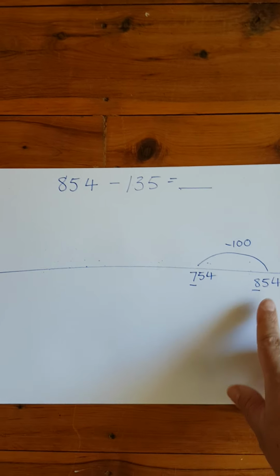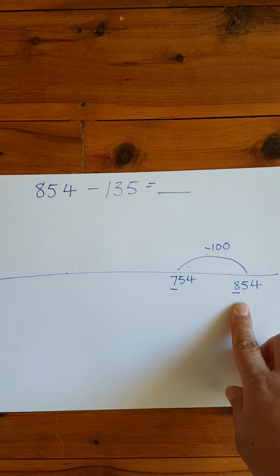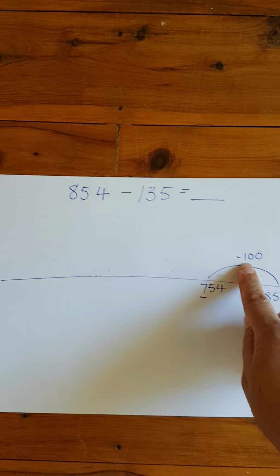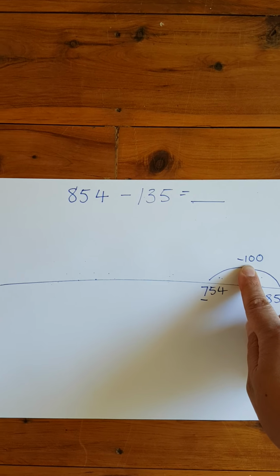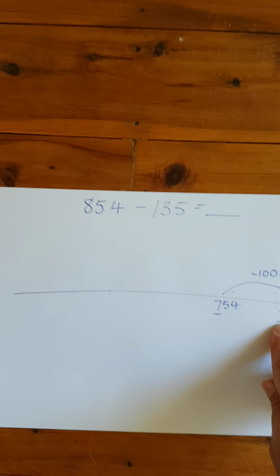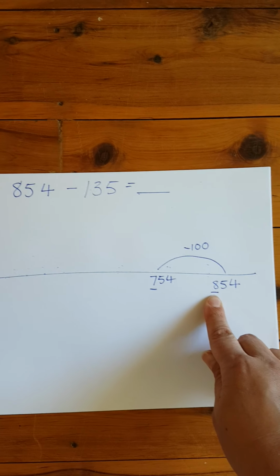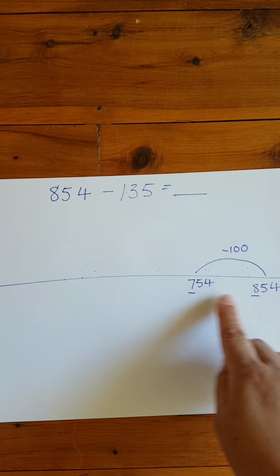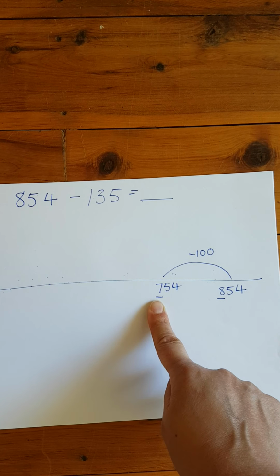Here is my first jump completed. I've started at 854 and I've labelled it for myself to remind myself I'm jumping back just 100. Also, I've underlined the hundreds to remind myself that's the only digit I actually need to look at.